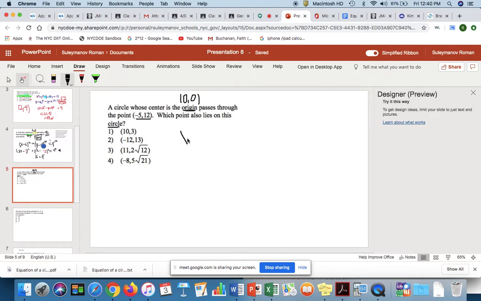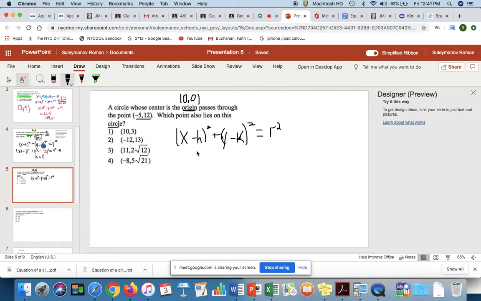So if we use the equation of a circle, (x minus h) squared plus (y minus k) squared equals r squared, you just want to substitute here.